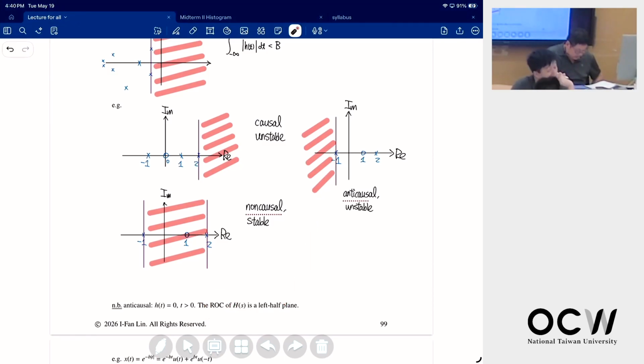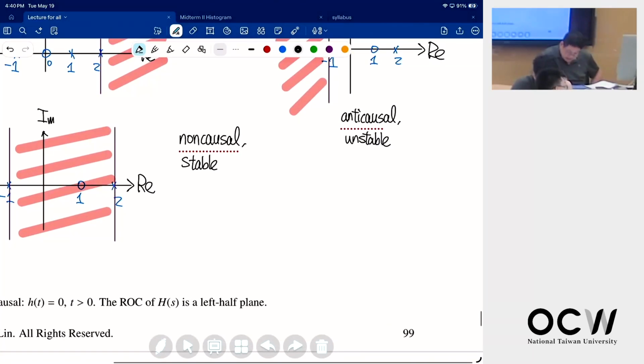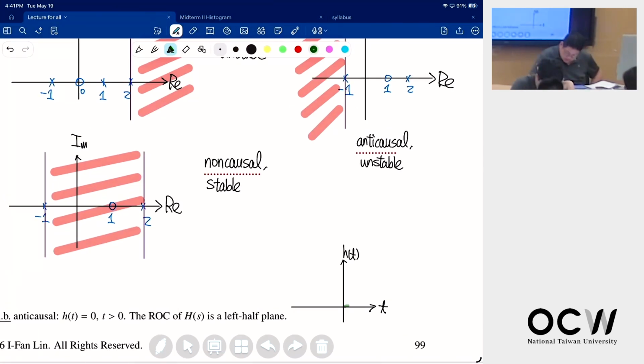So the h will be like, when t is greater than 0, that's 0, and I have values when t is less than 0.